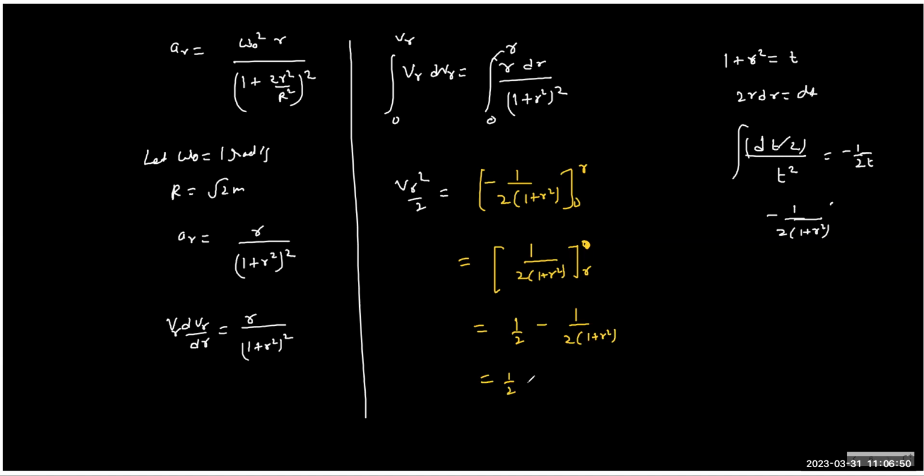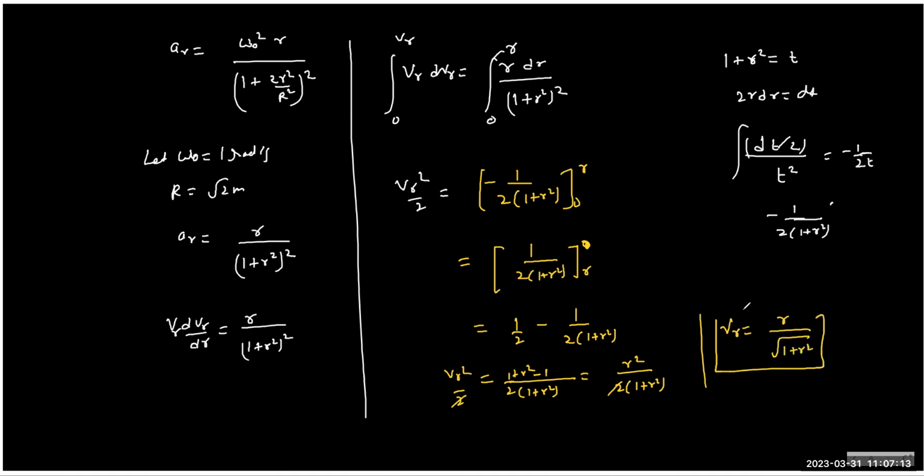So it is r square by twice (1 plus r square). So v_r turns out to be this answer. They might ask you that when the object will leave the groove, what will be its radial velocity?